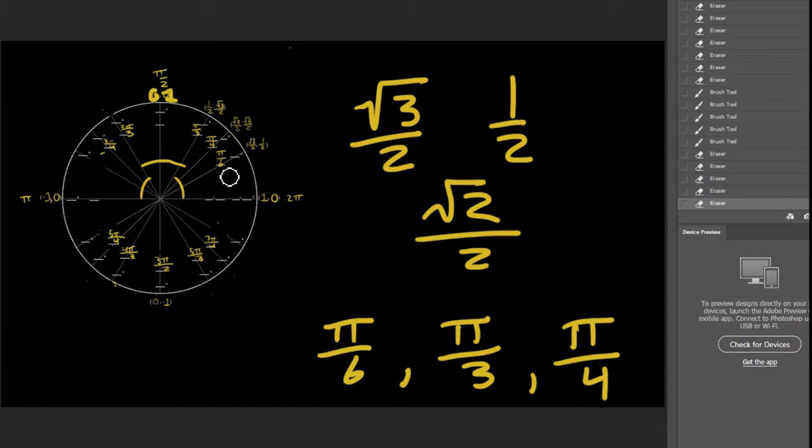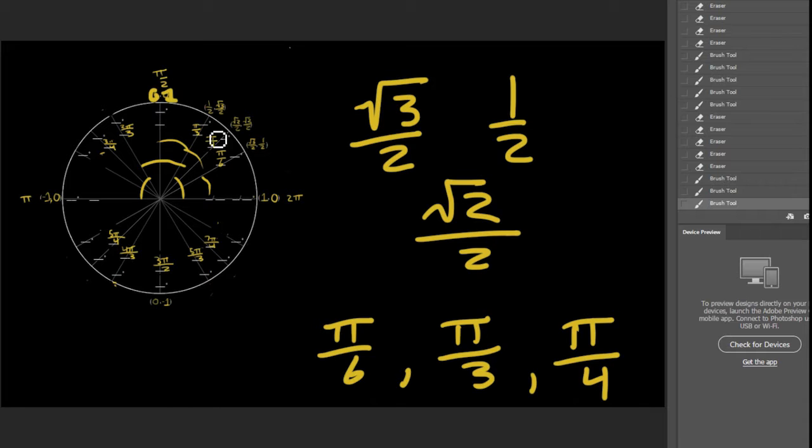Most of the pi over 6 values are just filled in for you now, because they can be simplified to whatever pi over 3 has to offer. So if you say 2 pi over 6, that simplifies to pi over 3, so that's taken care of. You jump over here, and you jump over here.